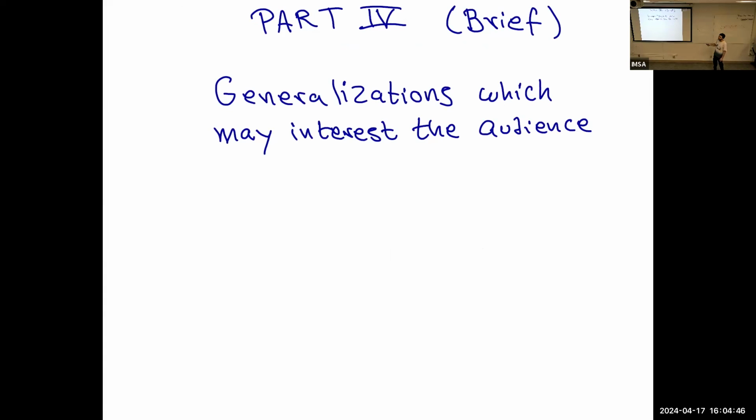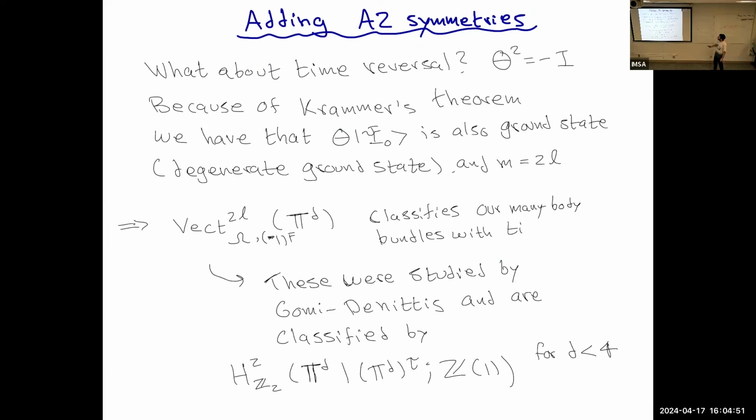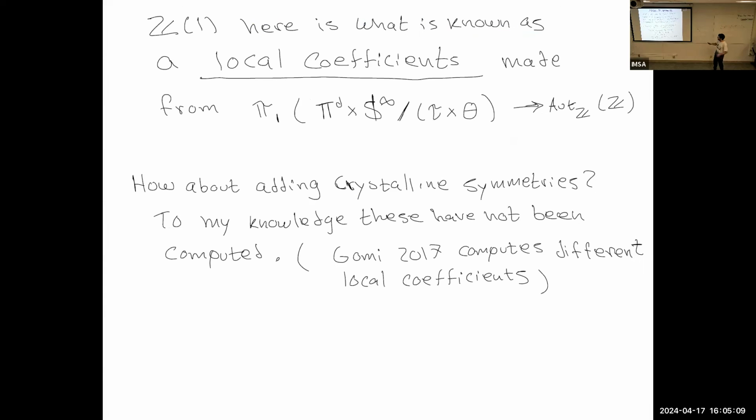I think I have about 2 minutes. I'm just gonna mention you can add, what about adding Altland-Zirnbauer symmetries? These have already been classified by the work of Gomi and Benitez for d less than 4. We could use that to also construct topological invariants for many body systems, again using single particle invariants, systems with 2 bands in this case.